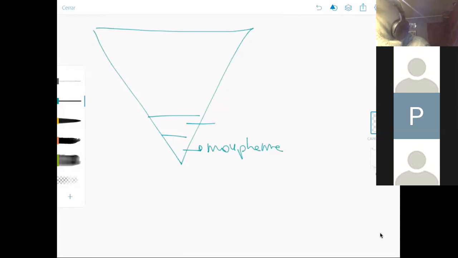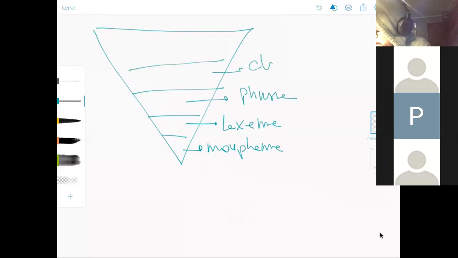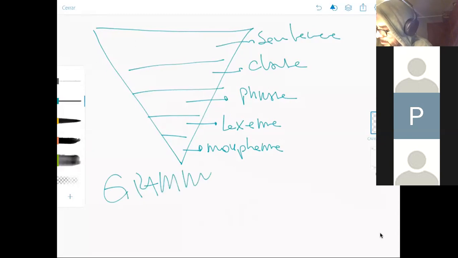Then we will have the lexeme. Then the phrase. Then the clause. And finally the sentence. This is called grammatical hierarchy.